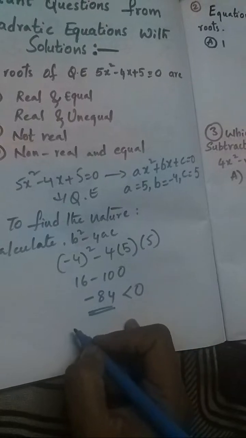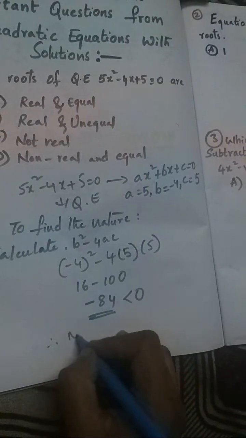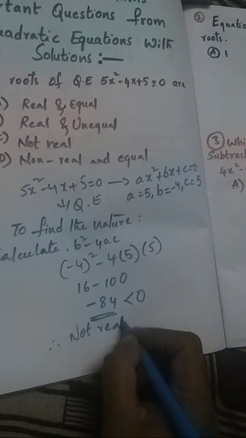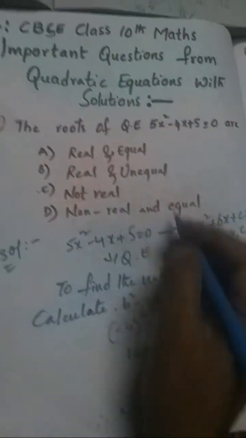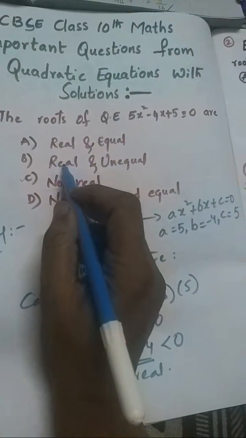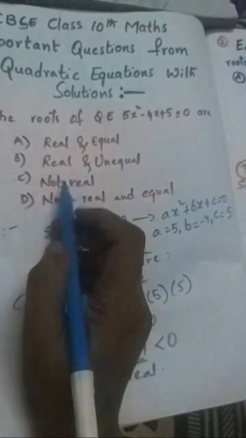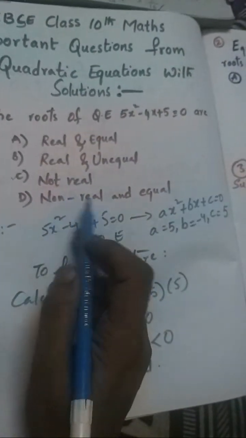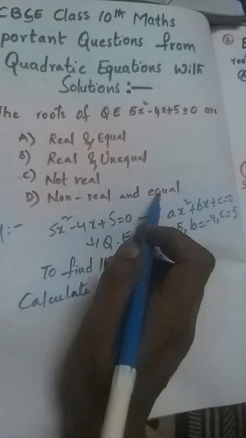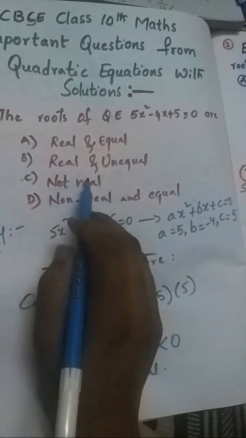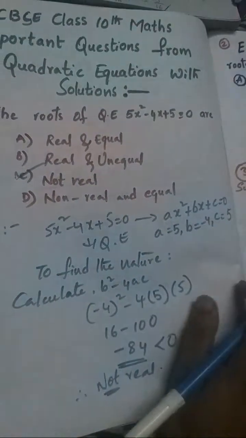Therefore it is not real. So in the options, real and equal, no, sorry, real and unequal, not real. Okay, this is non-real and equal. This is also not our option. So not real is the correct option.